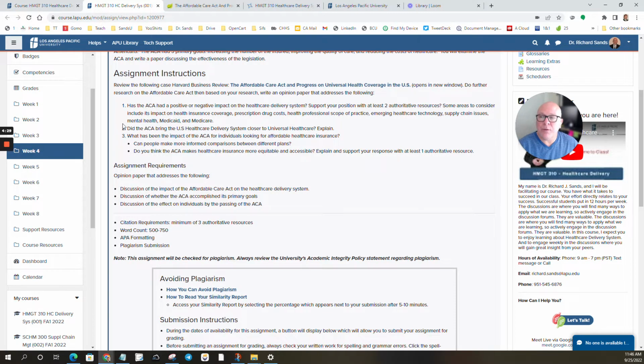So these 3 bullets under assignment requirements are basically a shortened statement of what the questions are up here in the 3 bullets and the 2 sub bullets. All right. Citation requirements, minimum of 3 references, scholarly resources, and as you can see, it says 2 up here, one down here, and again, minimum.